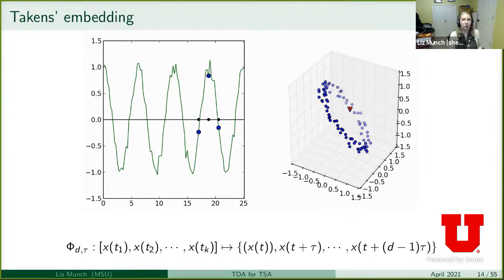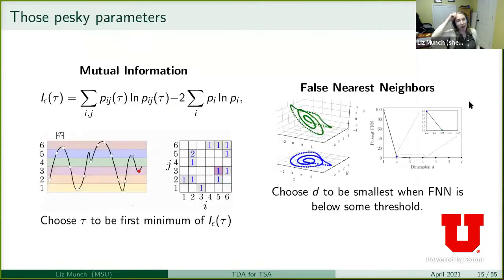The magic secret sauce of this whole party is that you have to figure out good choices of dimension and delay, because if you don't, you end up with garbage representations. This is a long and very deep field with a lot of methods for doing this. There are tricks based on information theory to try to figure out what tau you want to pick.